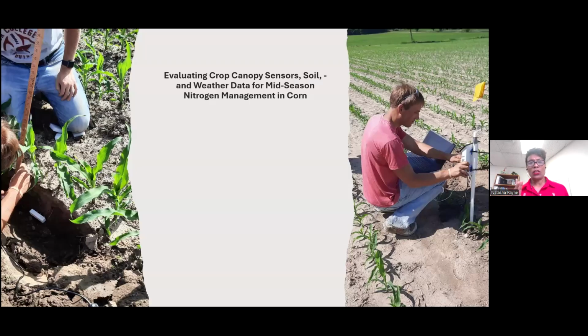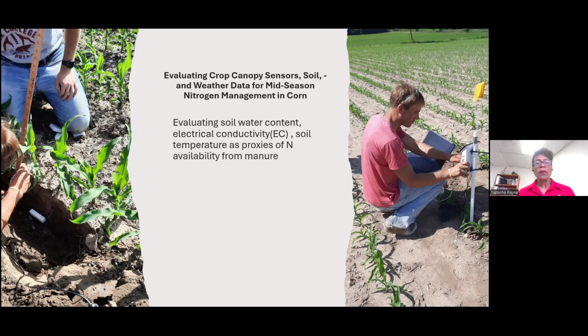I want to highlight two particular studies that we looked at in our lab. And again, remember, this is just 1 year of data. And we're still looking at the data, but I'll present some preliminary or initial data that we collected. So this particular study was on farm.